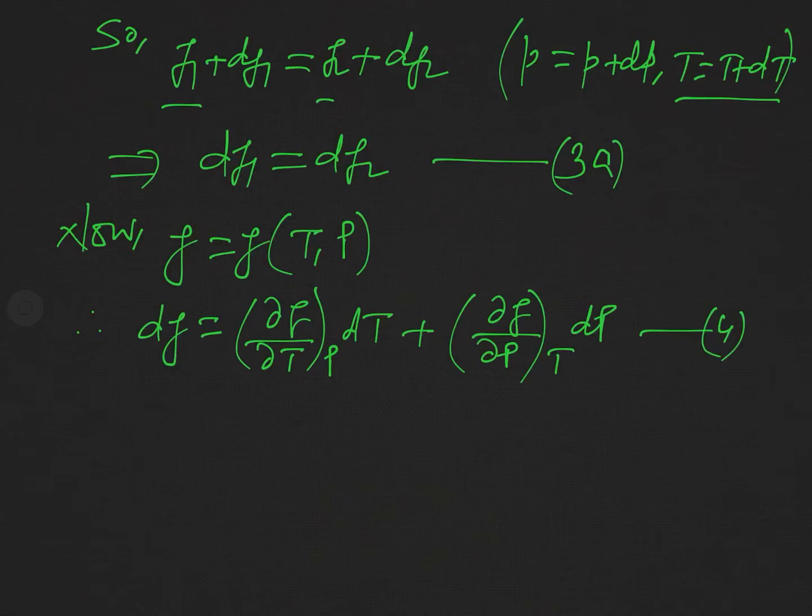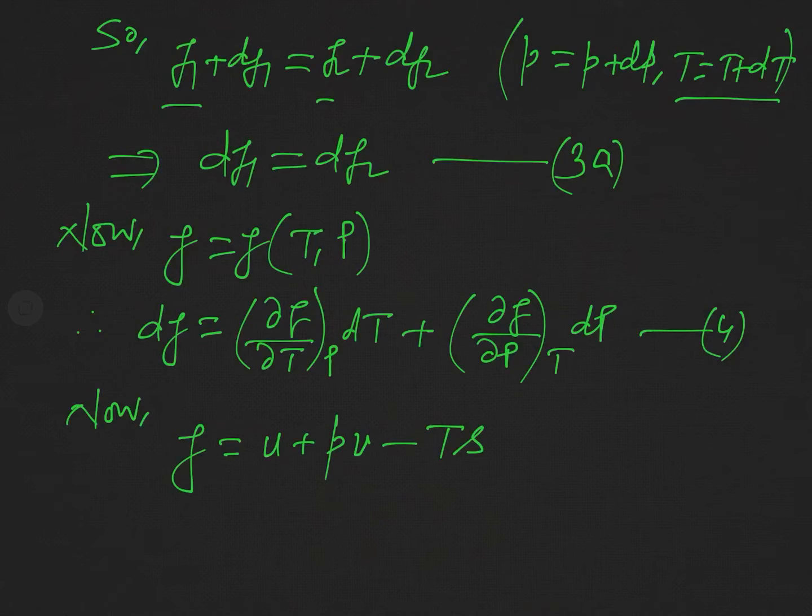Now, from the definition of Gibbs potential, we know that this G will be equal to u plus pv minus Ts.